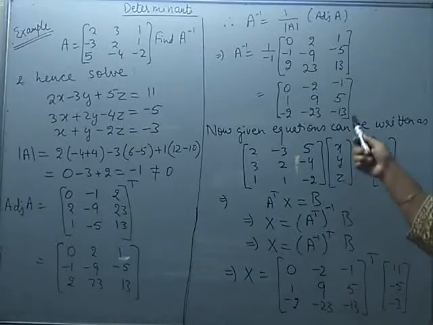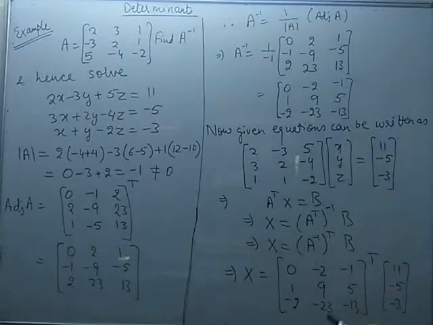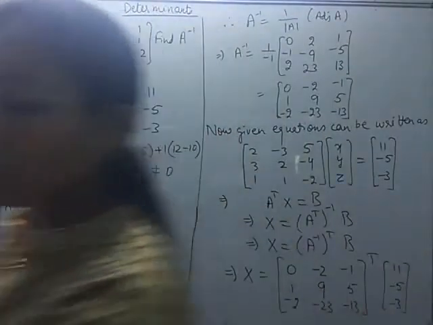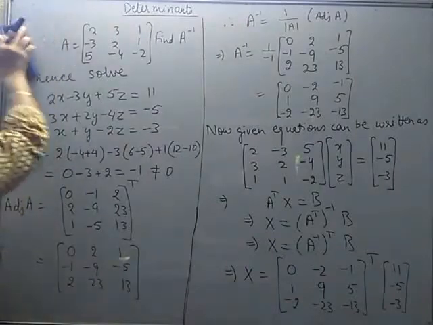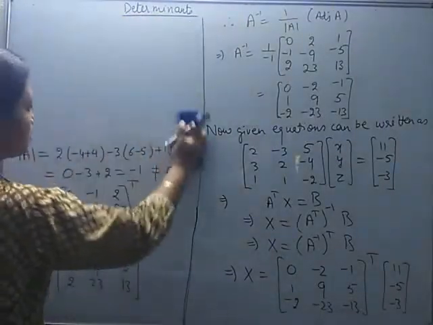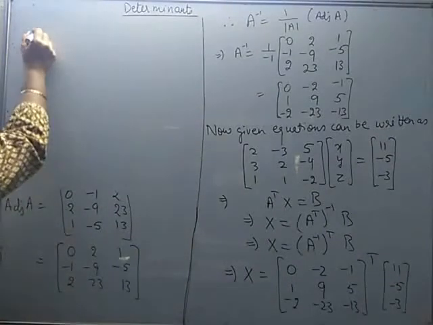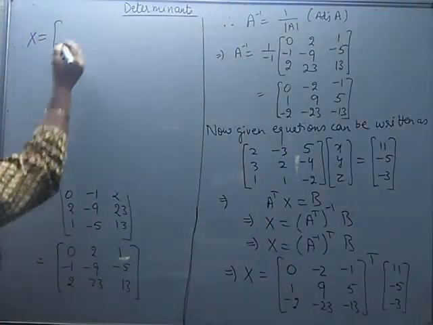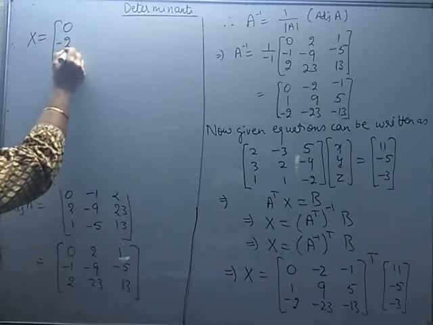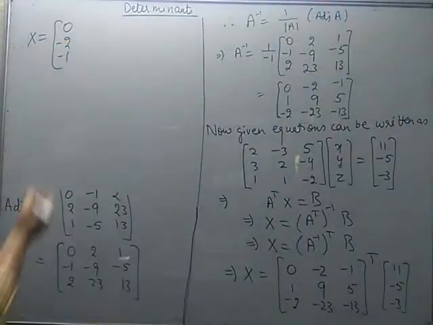And A inverse we know very well, we have calculated. So the value of A inverse is substituted here. Then we have to take its transpose multiplied with B. So quickly I will take its transpose and multiply with B so that X can be evaluated. So transpose of A inverse will now have in the first column 0, -2, -1.